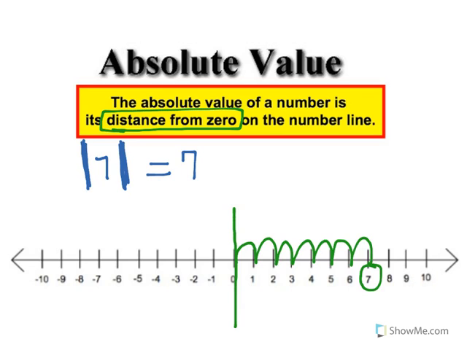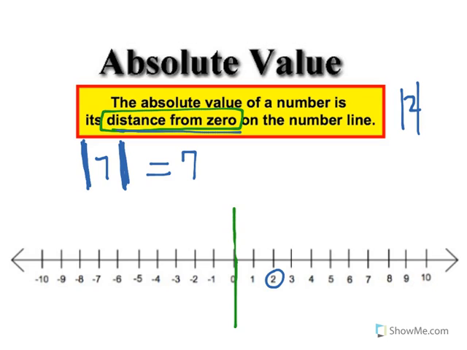Let's do another example. I want to know, what is the absolute value of 2? All right, here's 2. I want to know how far it is from 0. 1, 2. So the absolute value of 2 is 2. It's 2 units away from 0. Let's do another easy one. What is the absolute value of, let's do 10?